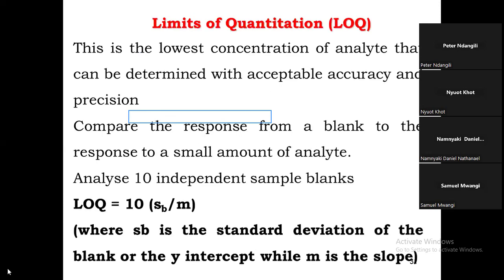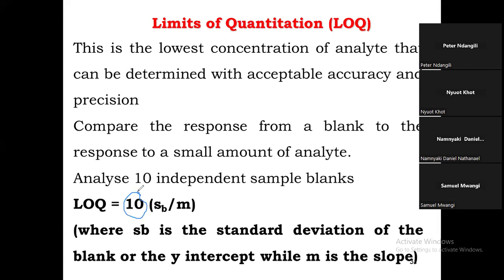Now, limit of quantitation. Limit of quantitation is the lowest concentration of an analyte that can be determined with an acceptable accuracy and a precision. How do you determine the limit of quantitation or limit of quantification? The method is very similar to that of limit of detection. The only difference is this value here, 10.